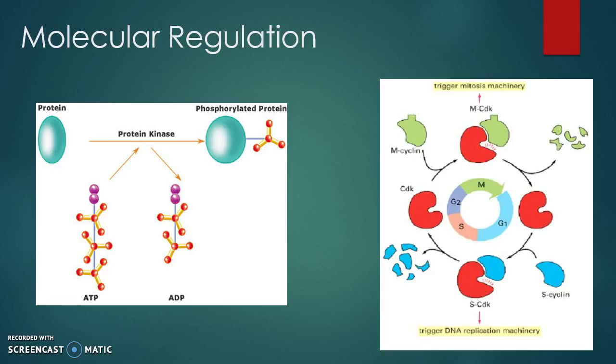I'm going to use the blue one. The blue S-cyclin is obviously the cyclin. The red CDK will not activate until the S-cyclin reaches it and attaches. Only when that attaches can the cell cycle continue on.